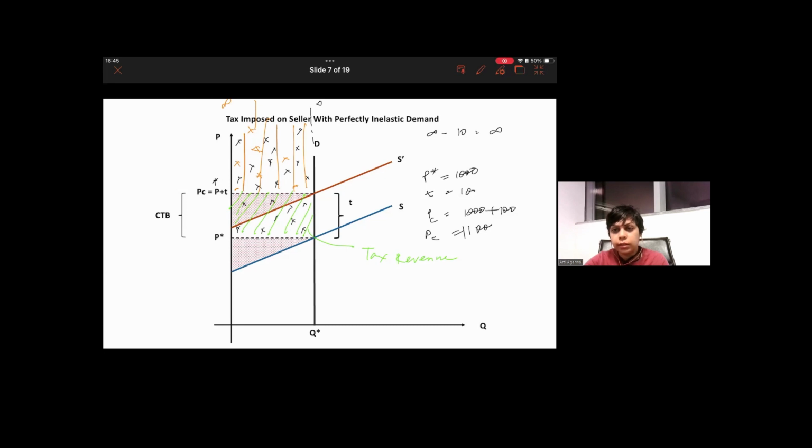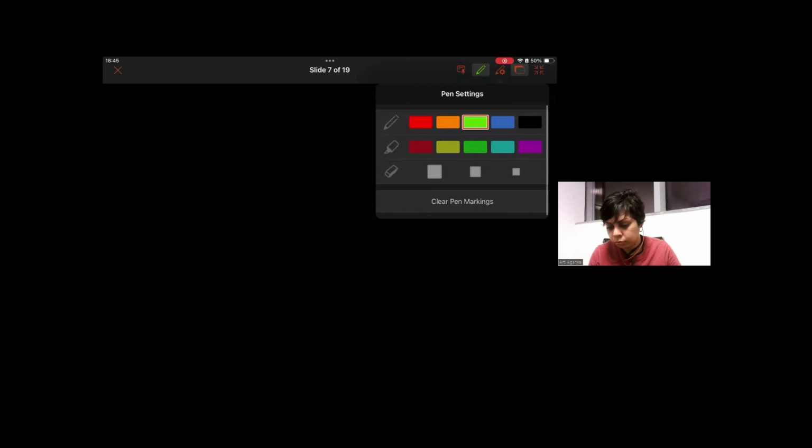Somebody was asking about elasticities, right? So there's not a huge difference between price elasticity, income elasticity and cross price elasticity. It just means that instead of, okay, sorry, one minute.